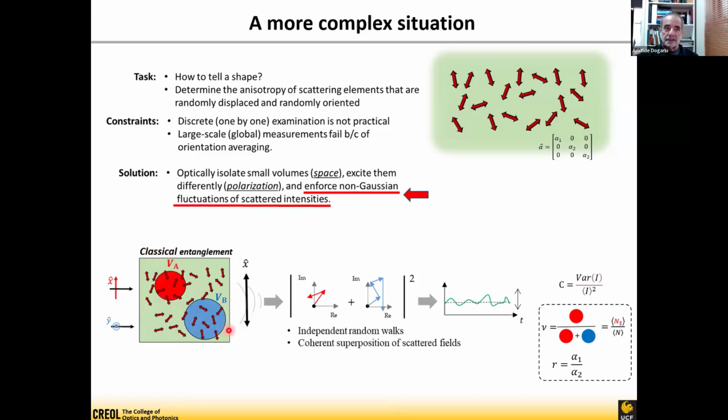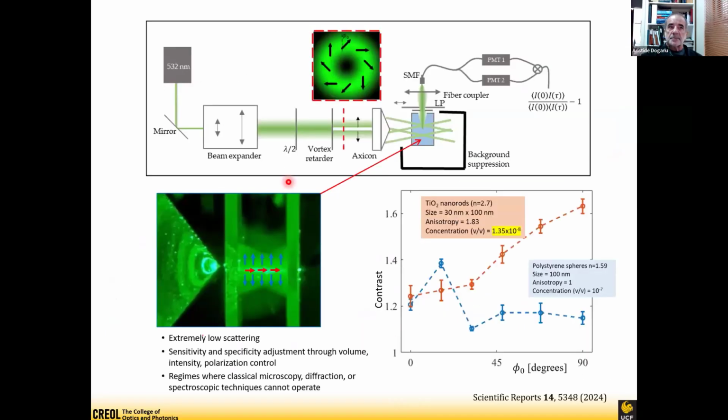This is a clear space polarization entanglement, as we heard before, and we measure intensity fluctuations as a function of the ratio of those two volumes. This can be very easily implemented with the infamous by now Axicon optics, and a polarized measurement of this G2 temporal fluctuations allows you to discriminate.